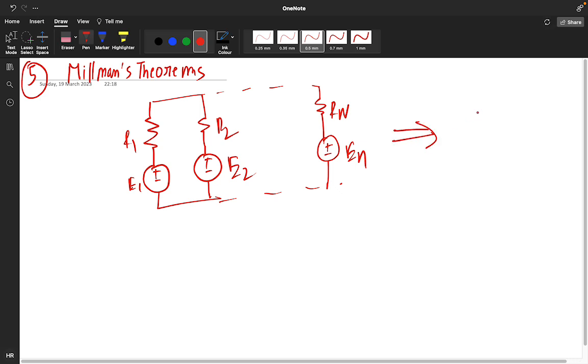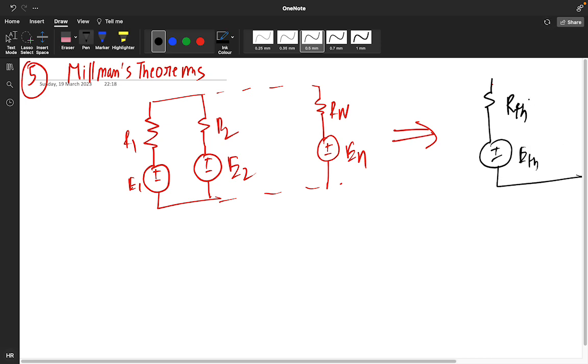We can make the Thevenin's equivalent circuit of this, some RTH in series with some source, which I am writing as ETH, that is your VTH. Any network can be replaced like this.